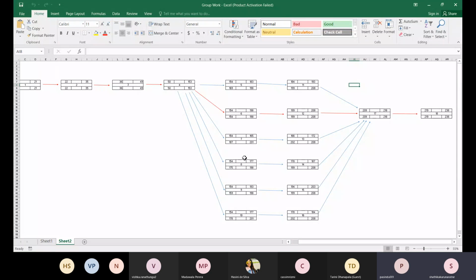Okay. Now, what is the difference that you see? So both have the exact same amount of days, right? 238 for both of them. So the earliest finish for the project that they forecast is 238.